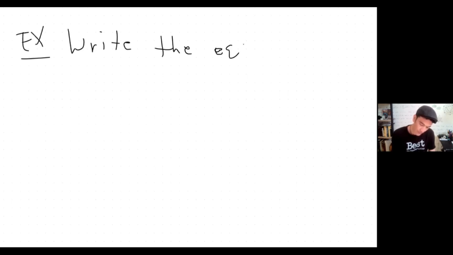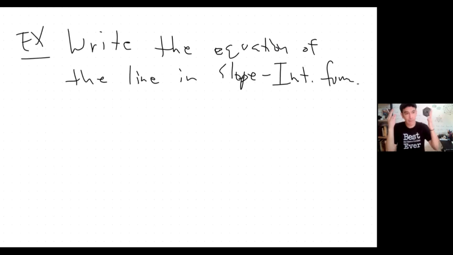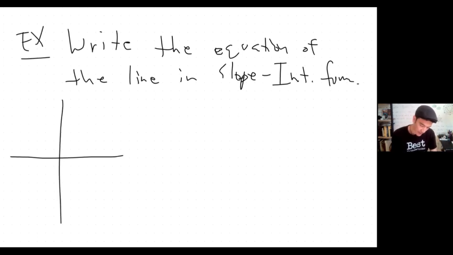So another example. Write the equation of the line in slope intercept form. So they're going to give you a picture, and from the picture you give them the equation of the line. So your picture looks like this. This is how you'll see it on your classwork and your test next week.